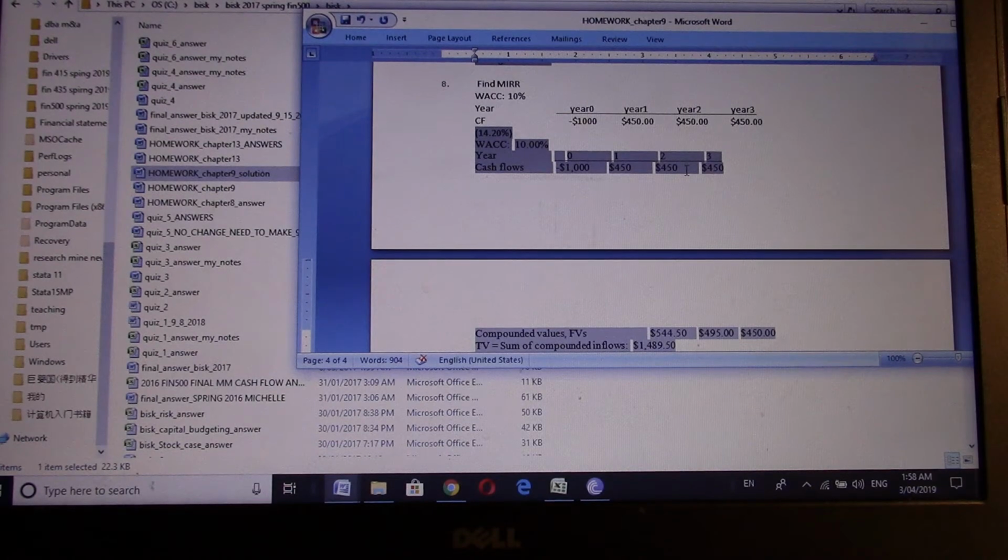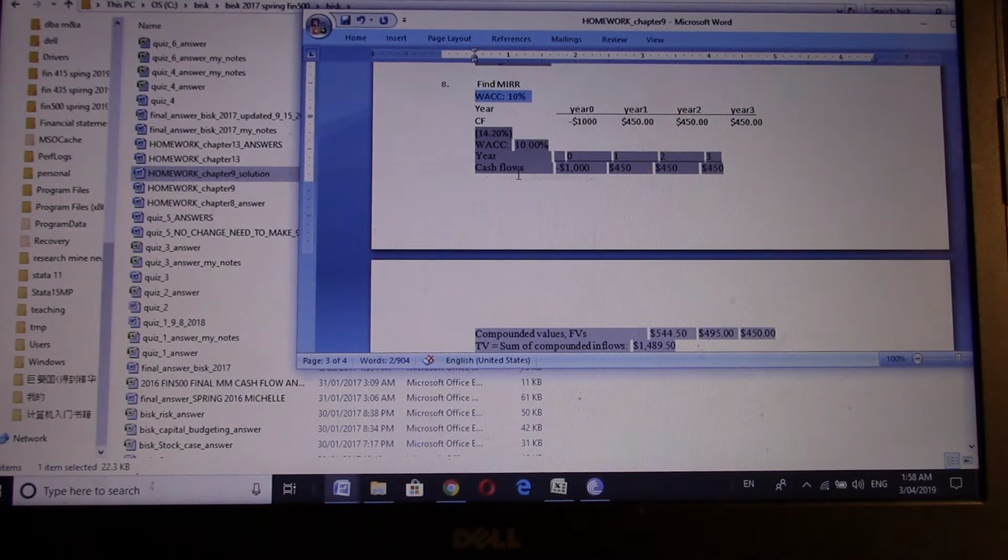But in this example, there's no difference between the reinvestment rate and the financing rate. It's the same. We use WACC 10% for both rates.